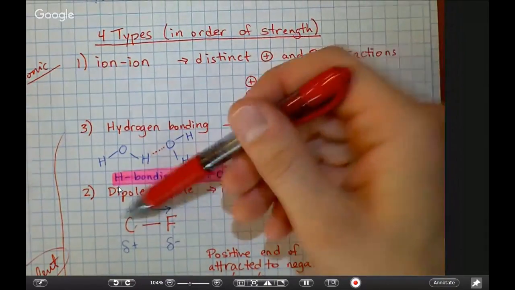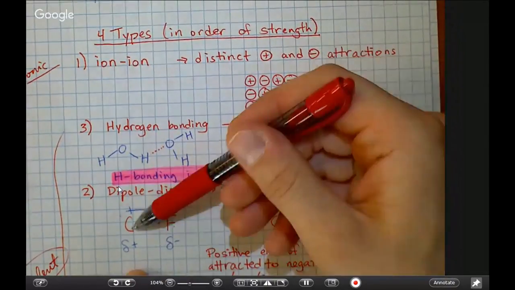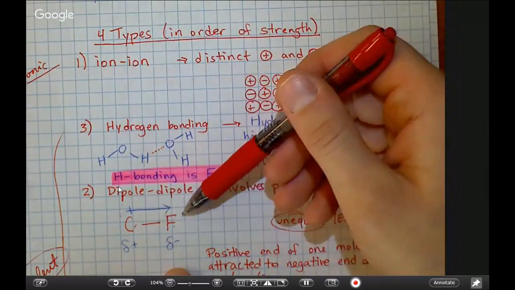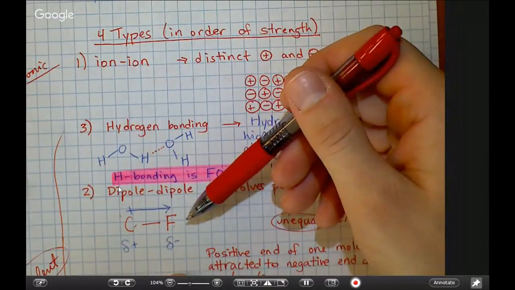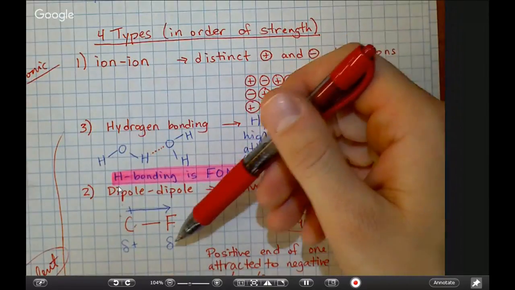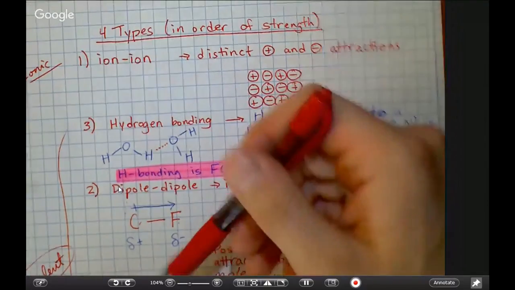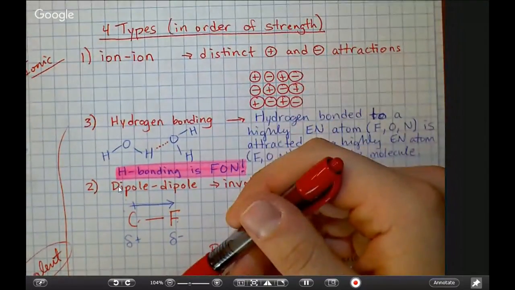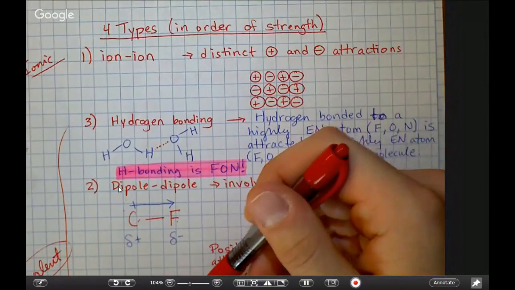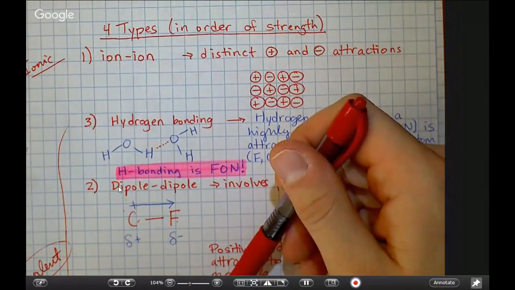So we show the direction of the dipole, indicating that we're going from positive toward the more negative atom. And because this bond has a dipole set up, if we put it in the vicinity of other molecules, we're going to want to have the attraction such that the negative and positive attractions go together.